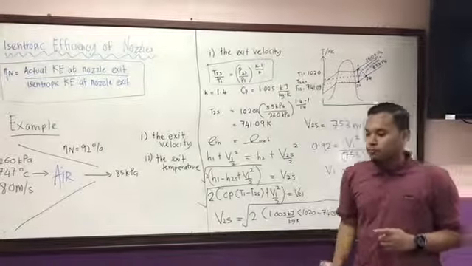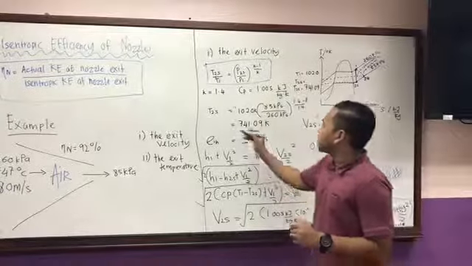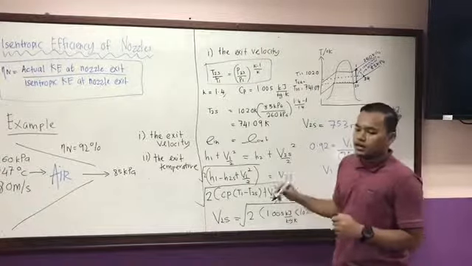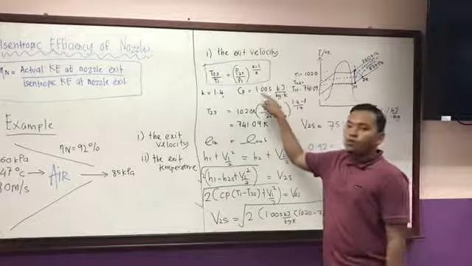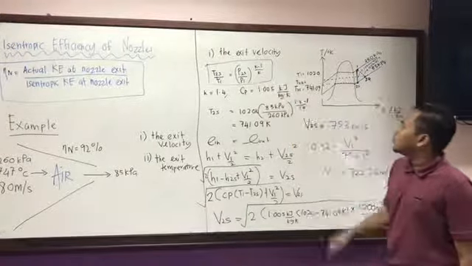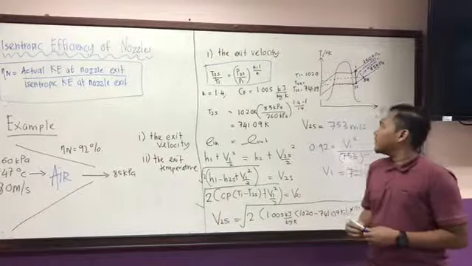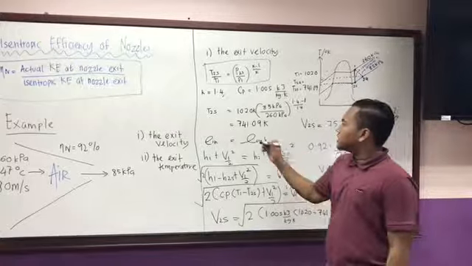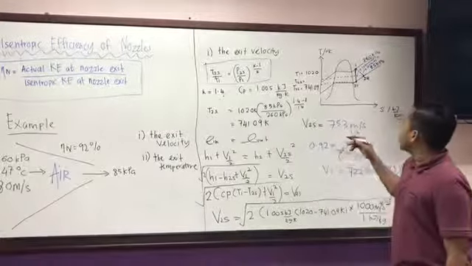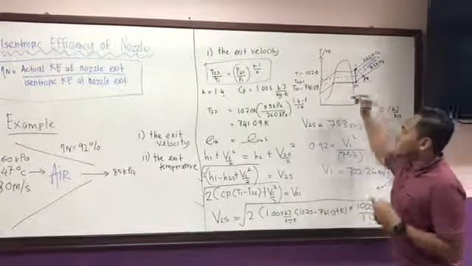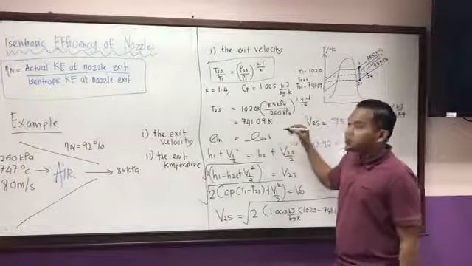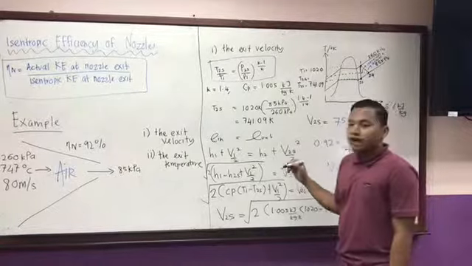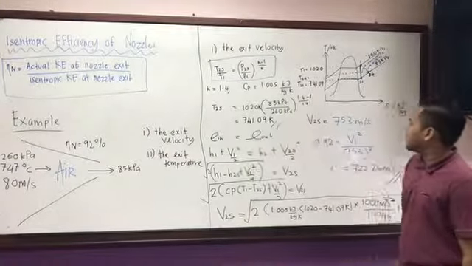From the property table, we get k is 1.4 and the specific heat of the air is 1.005 kilojoule per kilogram Kelvin. From this equation we can find the temperature at this point, which is 741.09 Kelvin.